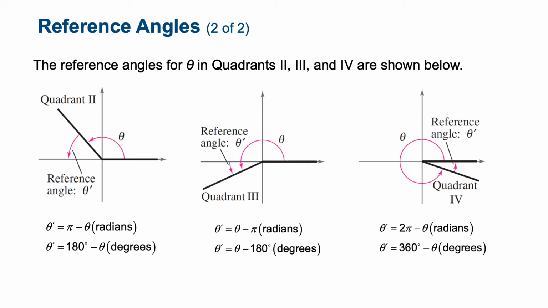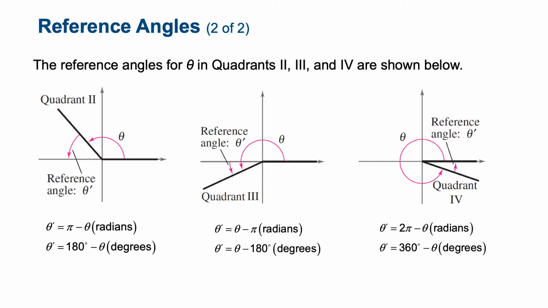It's not supplementary, because for an angle to be in quadrant 3, theta goes from the positive x-axis all the way past pi, and it ends up here in quadrant 3. So we want the acute angle, so we're taking theta and subtracting 180, or subtracting pi, and that gives us this little piece that we actually want to look at more closely.